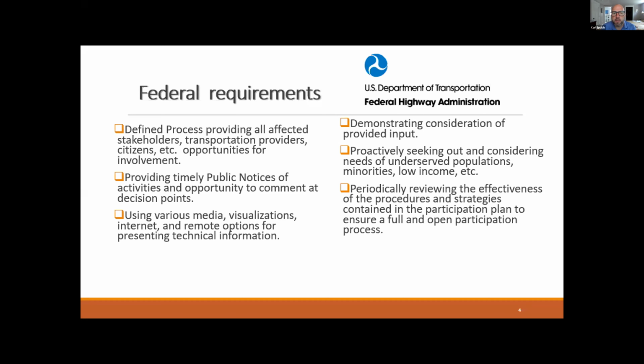And this happened very much to low income and minority neighborhoods.